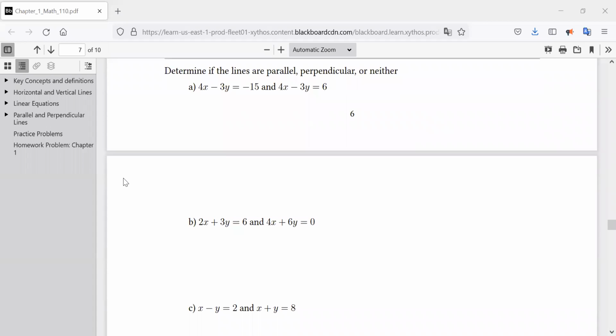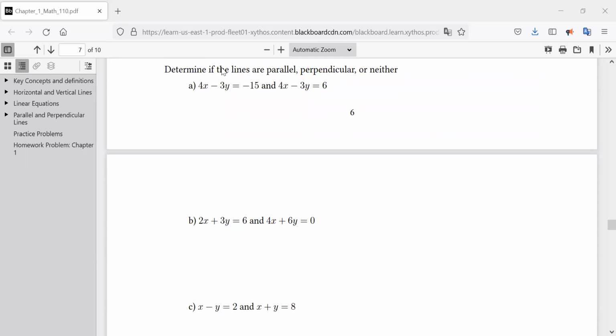So let's just take a few examples. What's people's first instinct for this? Rewrite it. Yeah, okay, we can rewrite it. So let's add the 3y to both sides on both of these. So that gives us 4x is equal to 3y minus 15, and 4x is equal to 3y plus 6.